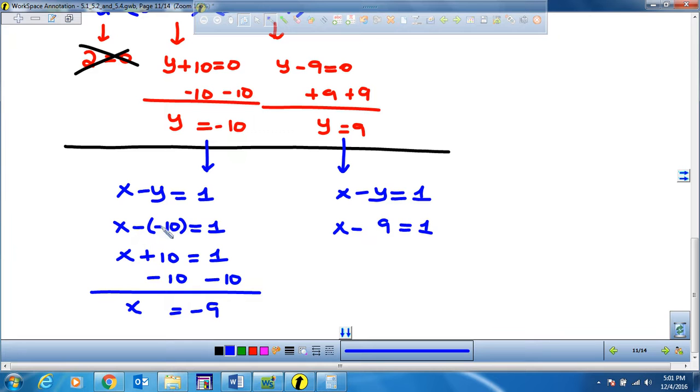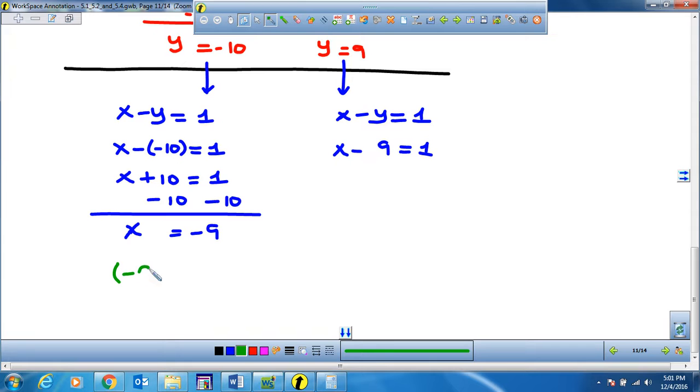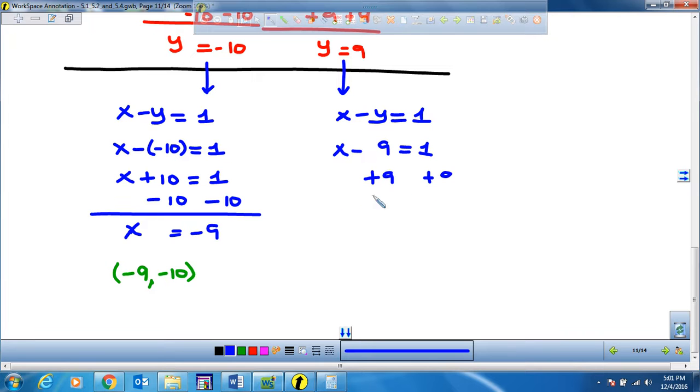See, negative times a negative, I made it a positive here. So this is the x that corresponds to this y. So I'm going to write here the ordered pair is negative 9, comma, negative 10. And then over here, plus 9, x equals 10. So here it's 10, comma, 9.